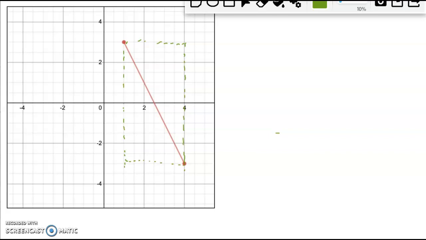This will be 1 here, and 4 will be the other x value. So I know that the domain is all real numbers between 1 and 4.